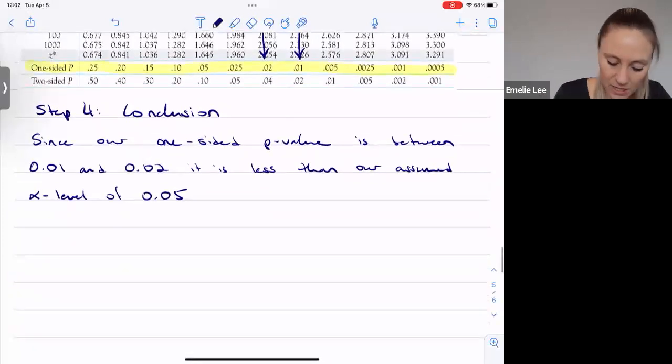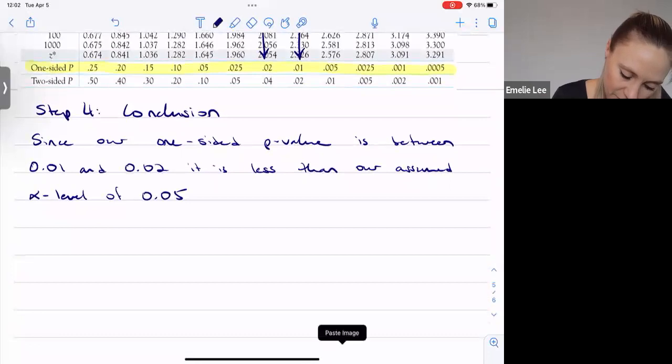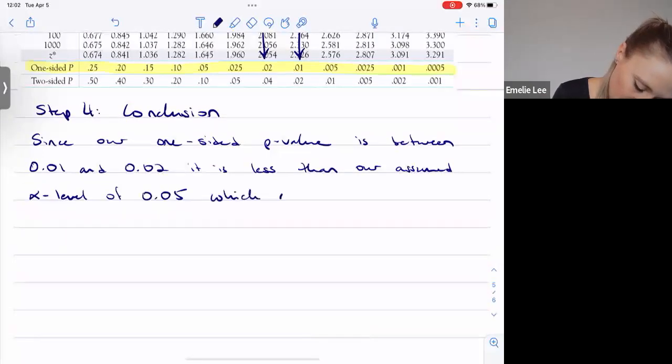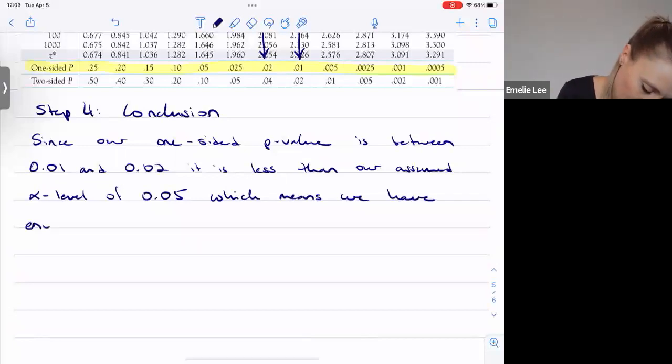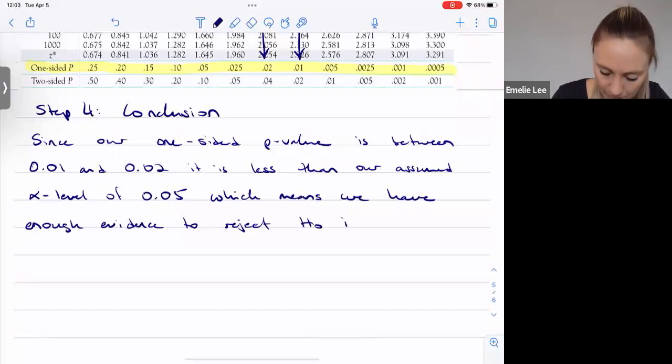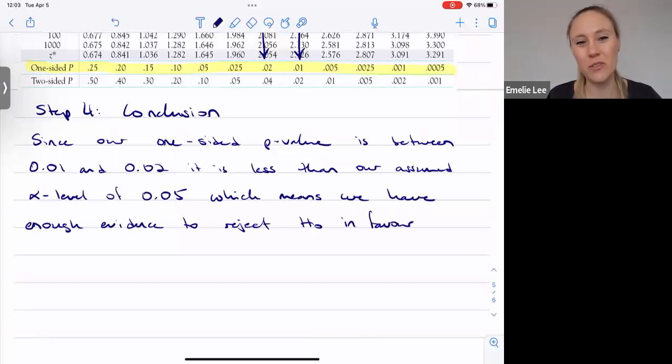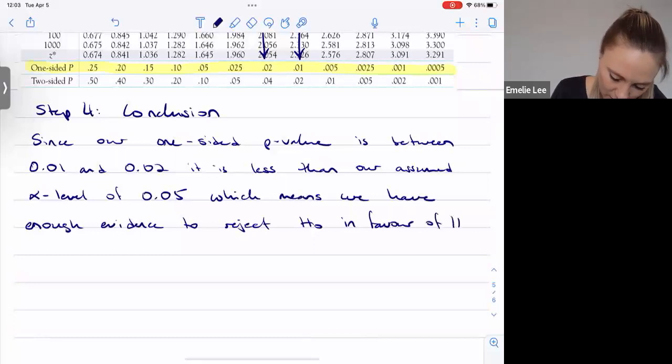Okay, less than our assumed alpha level of 0.05, which means we have enough evidence to reject H0 in favor of HA, right? If you're rejecting it, you should probably say in favor of what? In favor of HA.